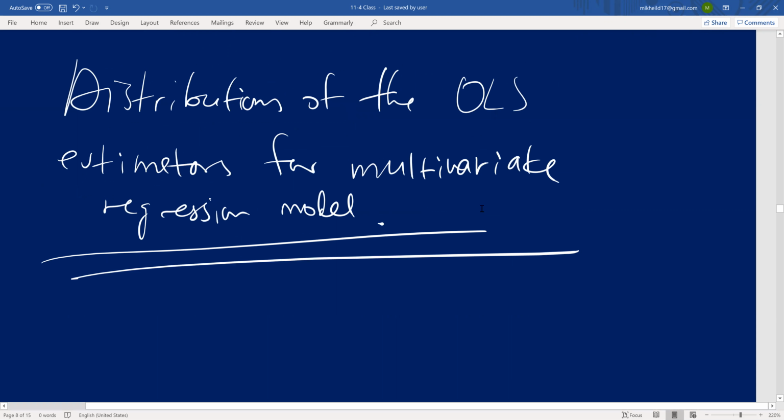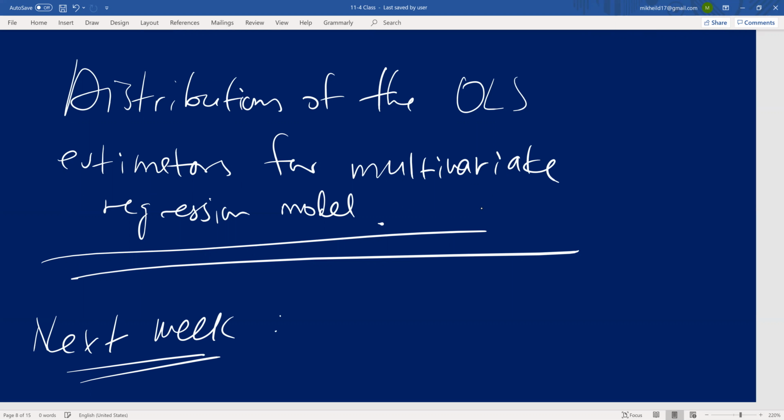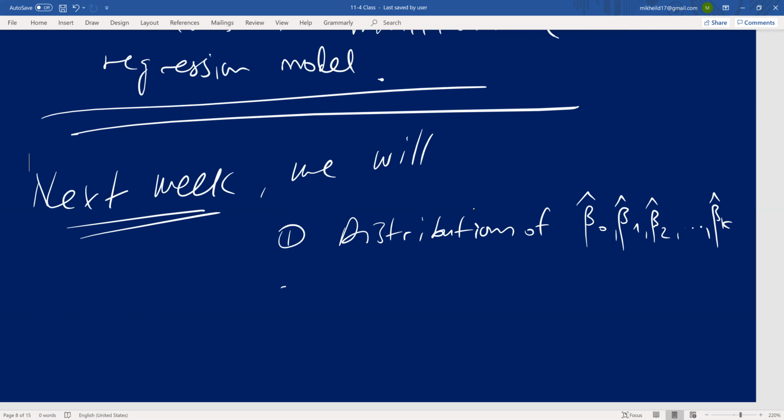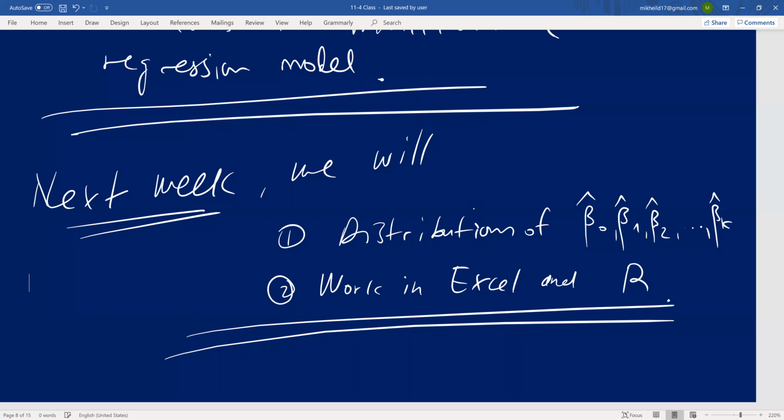This will be a topic of the next class, but next week we will talk about the distributions of the OLS estimators, and work in Excel and R. That's the plan for the next week.